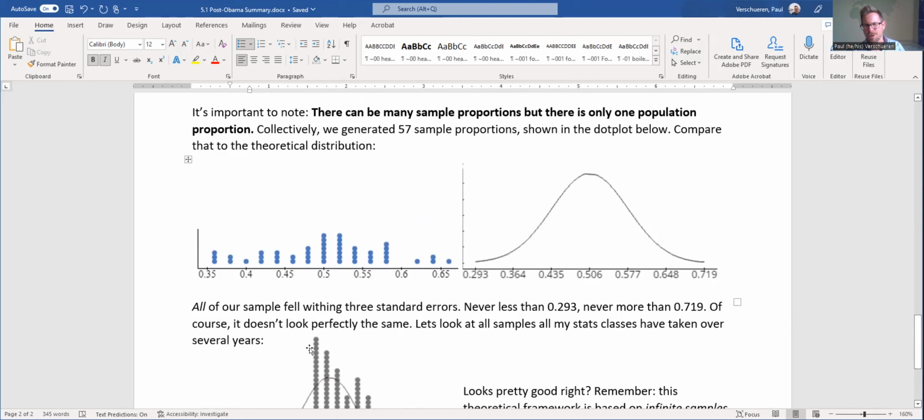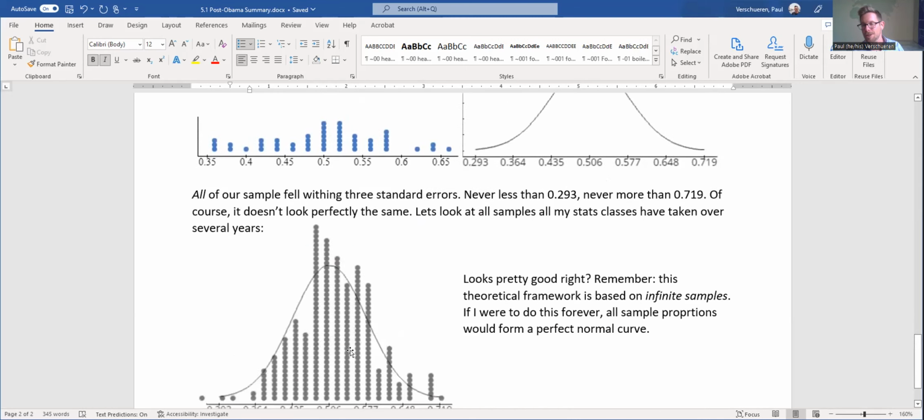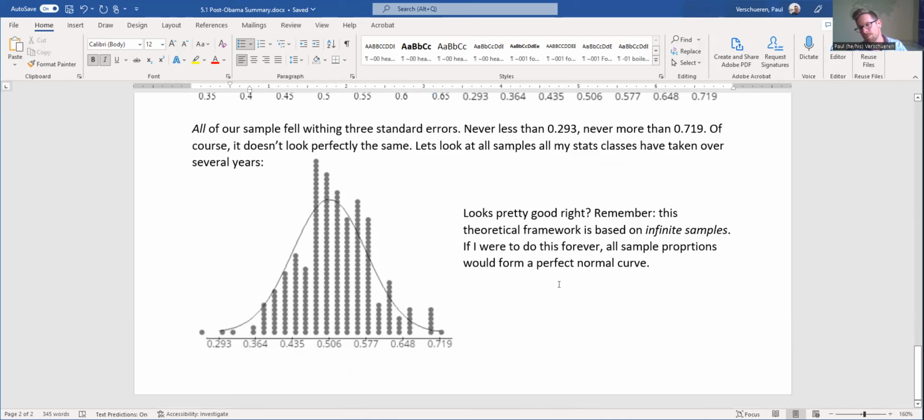So even if you think, well, those two things don't look very similar, but agree that this is starting to look more similar, this does take going on the faith that moving forward, if you were to do this infinite times, not 48 times, not 300 times, but infinite times, that these dots would eventually stack up to be a perfect normal distribution.